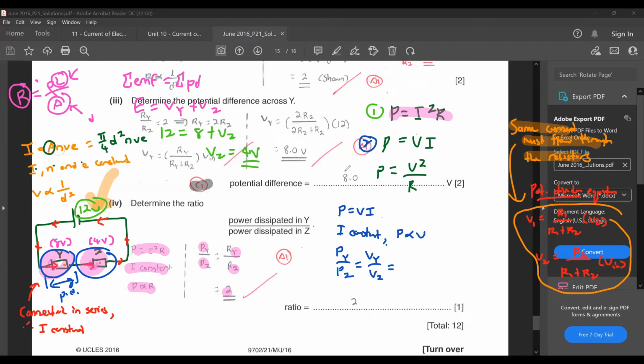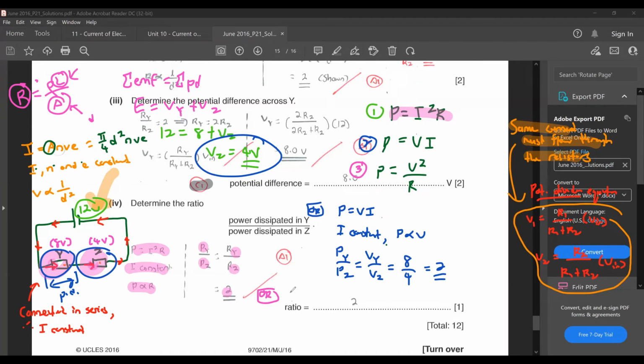Vy you already found is 8. You also found from here that Vz is 4. So 8 divided by 4 gives you 2. You're still getting the same answer. Now, what if I try to use V squared over R? You will actually still get that same answer, but this one is the most tedious one. It's pretty much a waste of time because there are more steps, but I show you anyway.